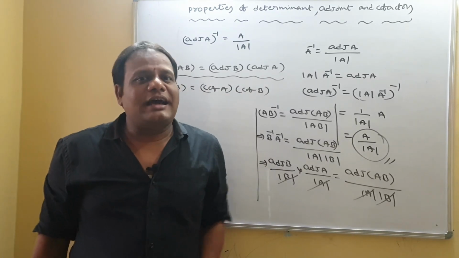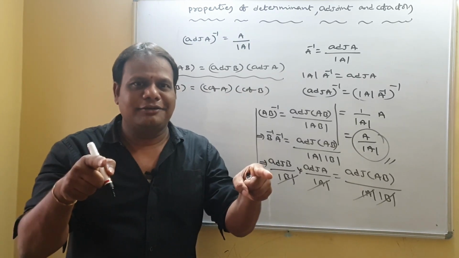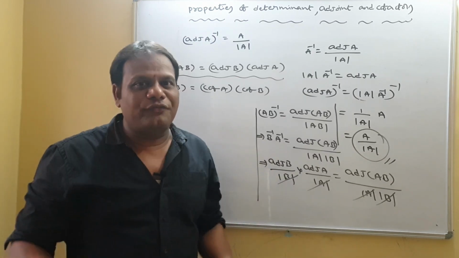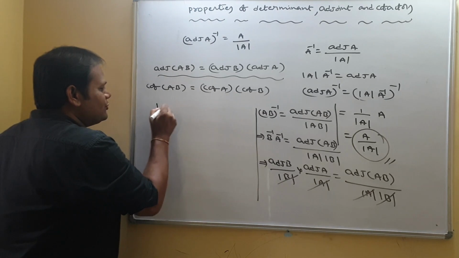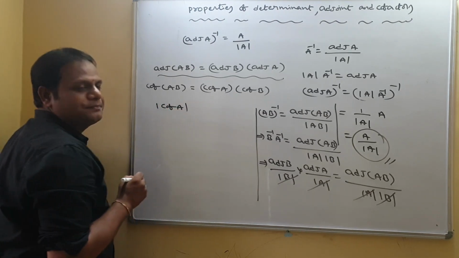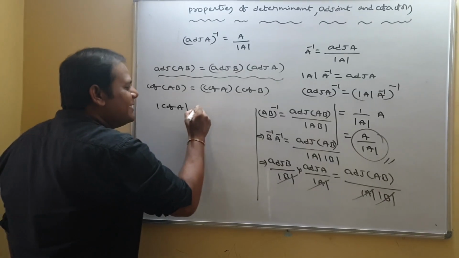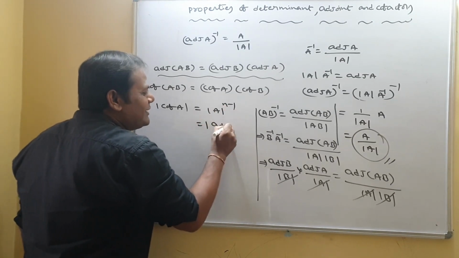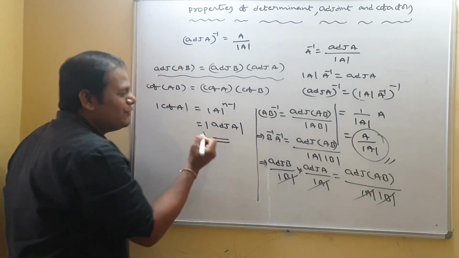Many times they ask what is det adjoint A. They can also ask what is det cofactor A. Then it is also det A power n minus 1. I mean, it is the same as det adjoint A. Don't get confused. Why?